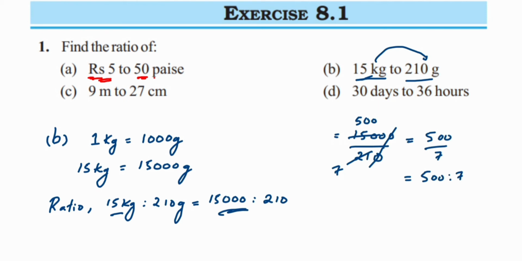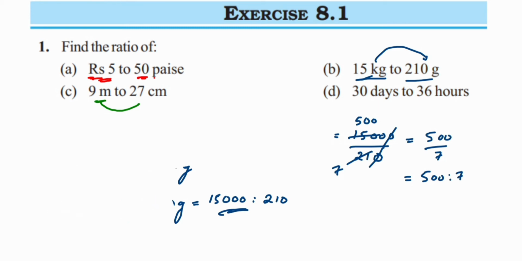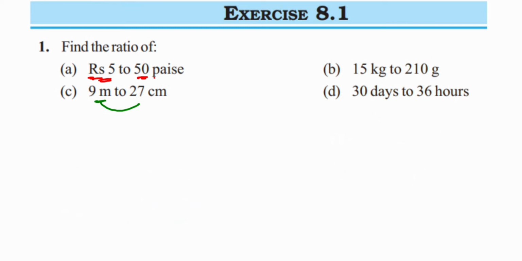That's it. The next question is the ratio of 9 meters to 27 centimeters. Again we're going to convert meters into centimeters and reduce to the lowest form.